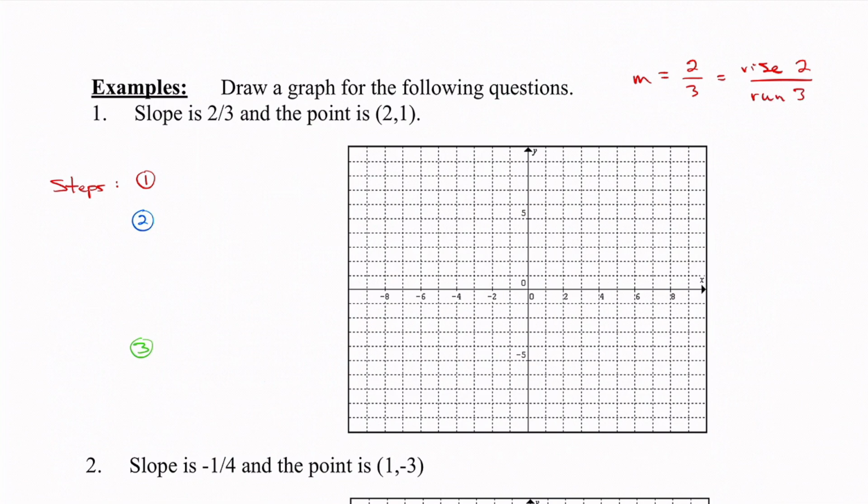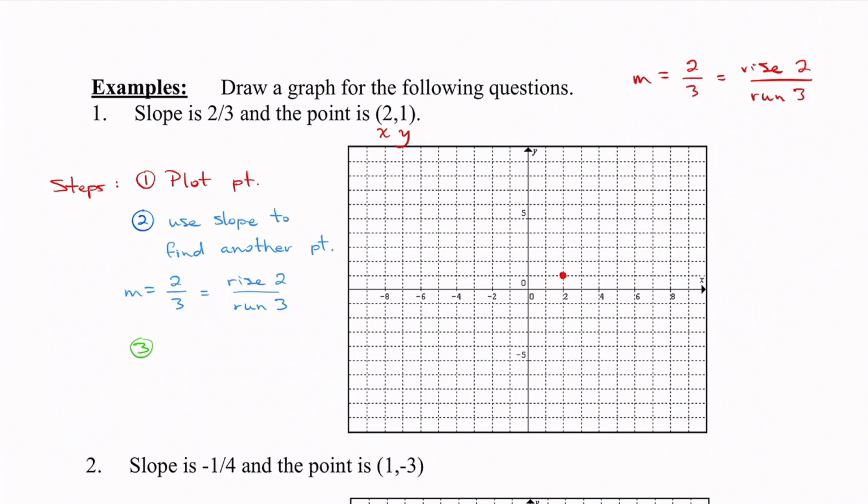And then we're given the point 2 and 1. That's X, and that's Y. So step number 1 from before was plot the point. So I'm going to go over 1, 2, and then up 1. Right there is where I'm going to have my point. So step 1 is done.